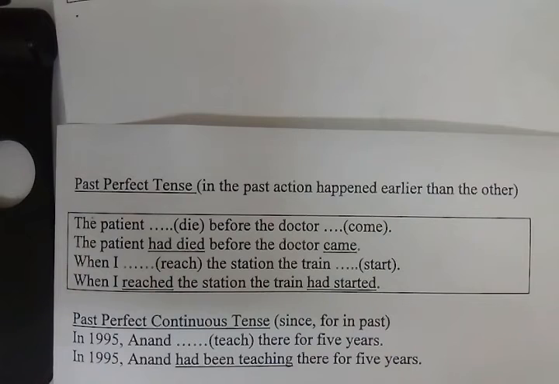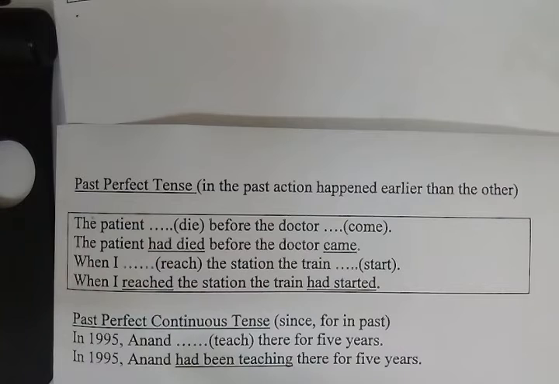In past perfect continuous tense, look at the sentence. In 1995, Anand dash teach there for 5 years. So from this 1995, we come to know that this sentence belongs to past, as the year 1995 was in past.